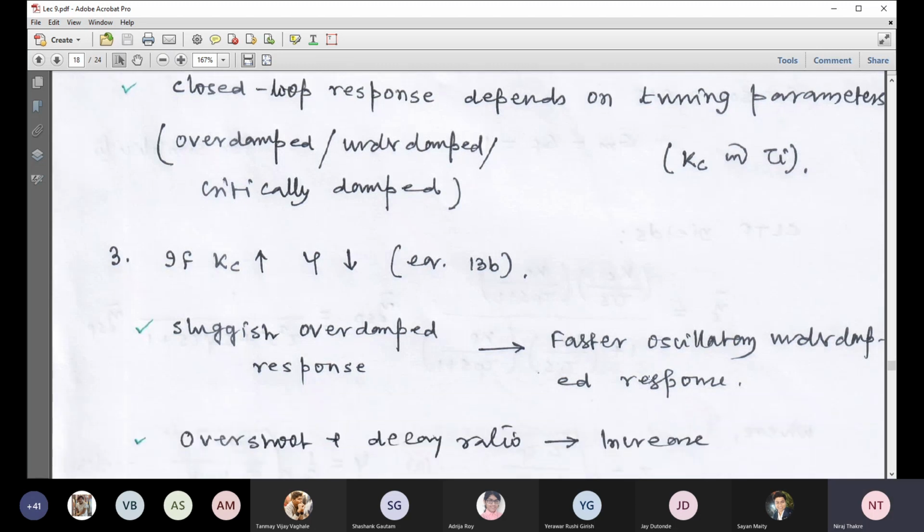Not only that, overshoot and decay ratio also increase with increasing Kc. So if we increase the Kc value further, zeta may come in between 0 and 1. In that case, we may have oscillatory underdamped response, which results in increased overshoot and decay ratio.